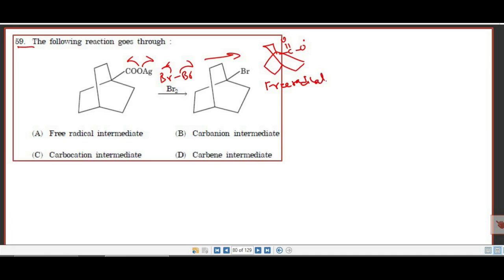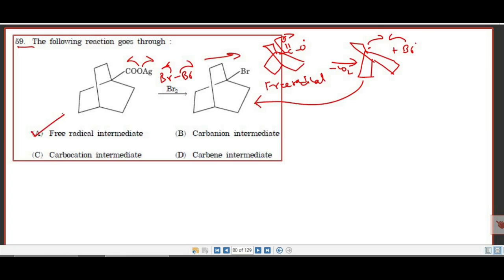Hence the intermediate is a free radical, not a carbocation, not a carbanion. And here this CO2 cleaves, minus CO2. You will get a free radical here. This is stabilized by the ring, and this Br free radical again reacts to give the product. Hence this reaction undergoes a free radical intermediate.